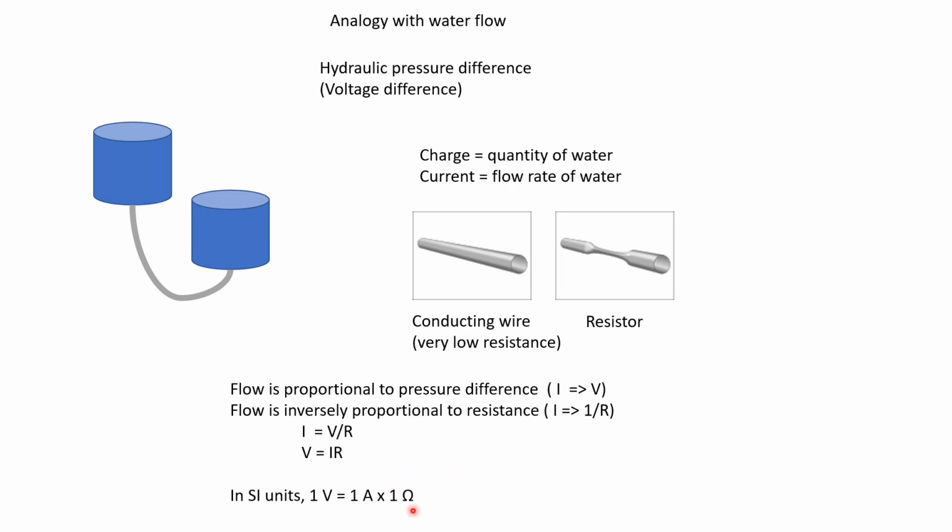In the SI units, 1 volt is equal to 1 ampere times 1 ohm. And a corollary of that is if you have 1 nanoampere current and 1 mega ohm resistance, then it becomes equivalent to 1 millivolt. Because these units are commonly used in neuroscience, it is sometimes useful to remember this shortcut. 1 millivolt is equal to 1 nanoampere times 1 mega ohm.